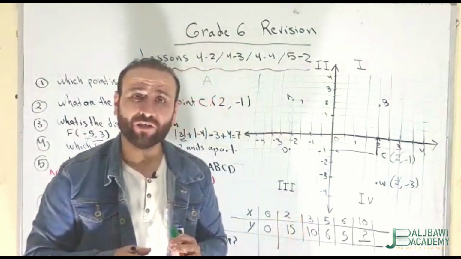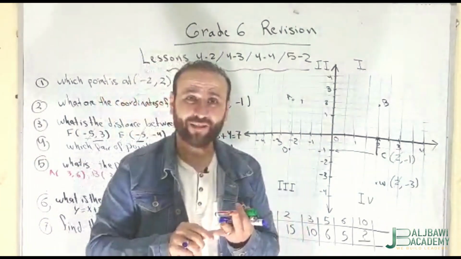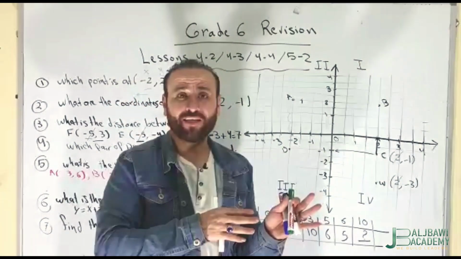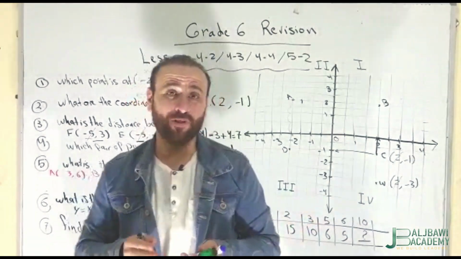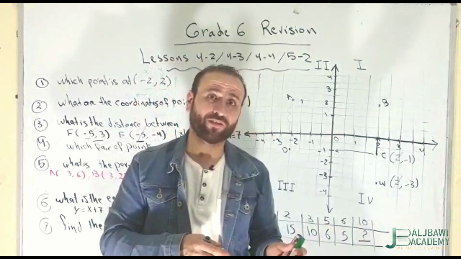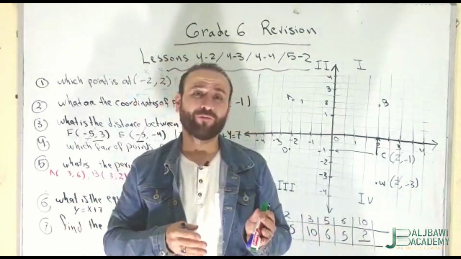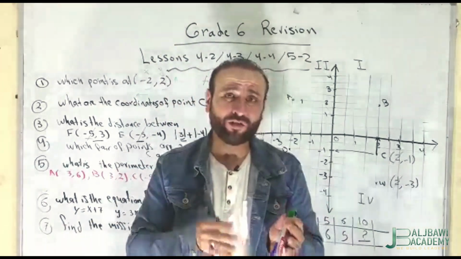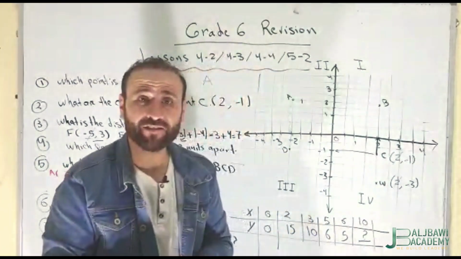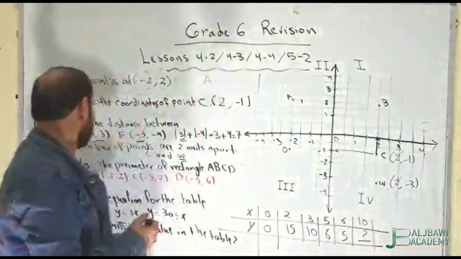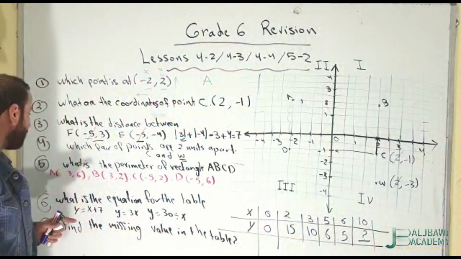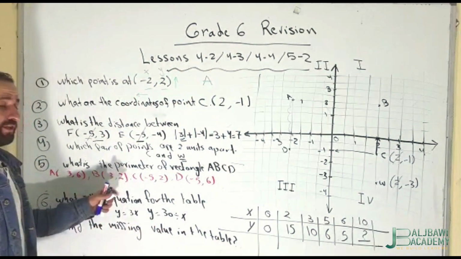So there is no need to find all the sides' lengths. We just need to find the first and the second sides. So we find the distance between the first point and the second point, and then between the second point and the third point. First, A is (3, 6) and B is (3, 2).